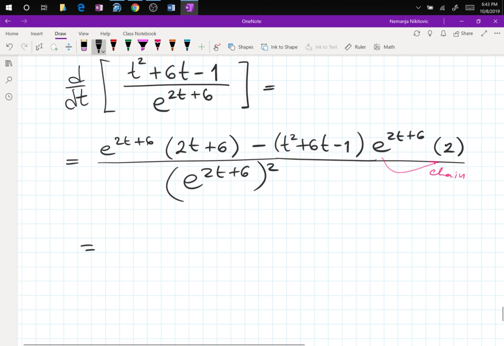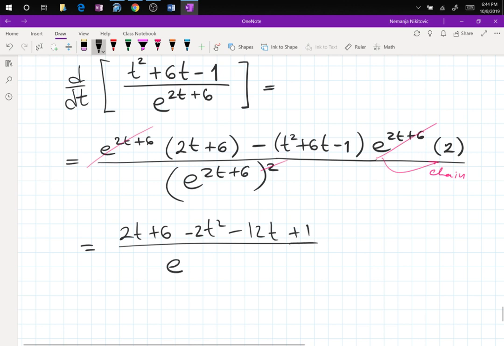So I hope you see that e can be factored out. So when you factor out, you will be able to cancel the square. And what you are left with is 2t plus 6 minus t squared minus 12t plus 1 over e to the 2t plus 6.